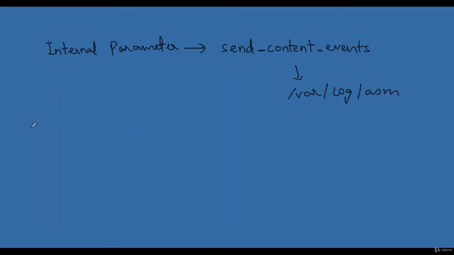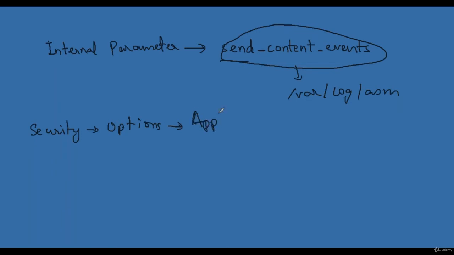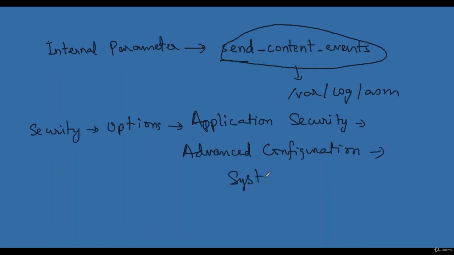In order to change the value of this internal parameter, you navigate to Security, go to Options, then Application Security, then Advanced Configuration, and there you will find System Variables.